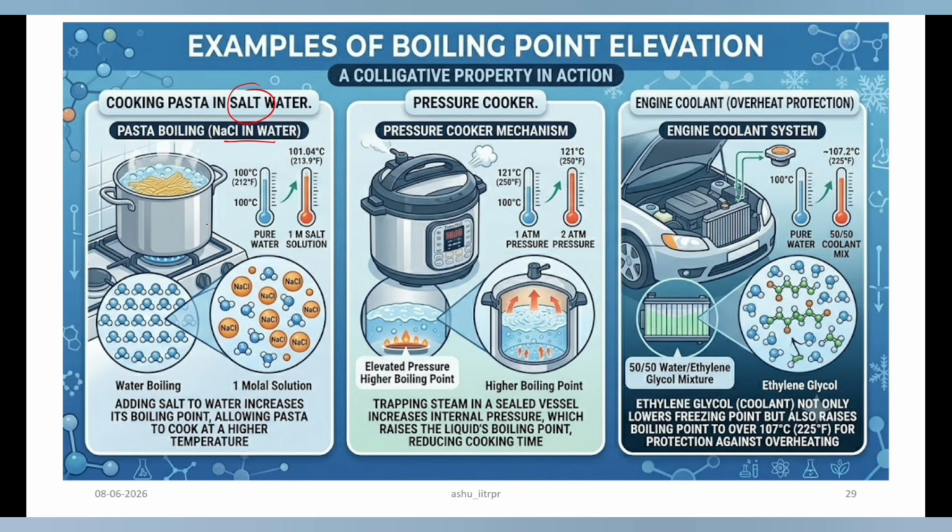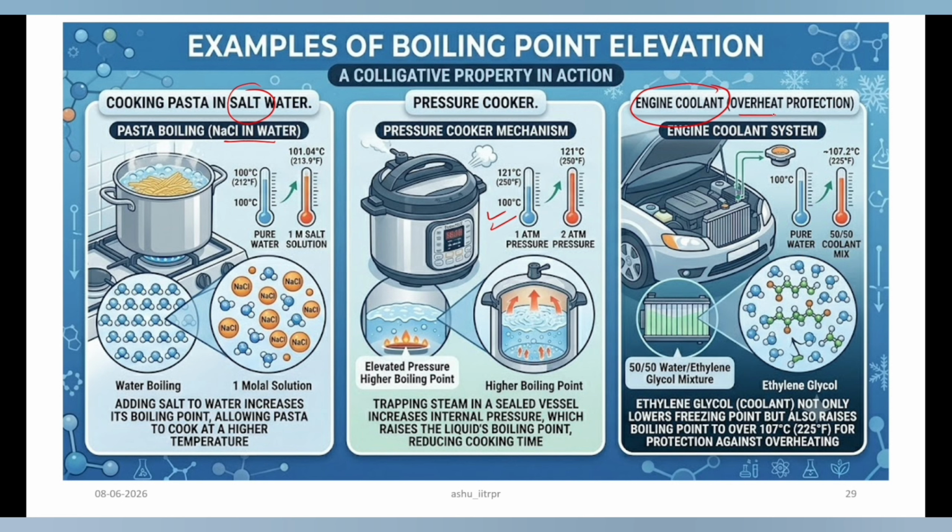So there is an elevation in boiling point, which means that food is now cooking at a higher temperature. Similarly, a pressure cooker also works on this mechanism. When steam is trapped inside the vessel, it raises the liquid's boiling point, which ultimately reduces the cooking time. This part is very important.